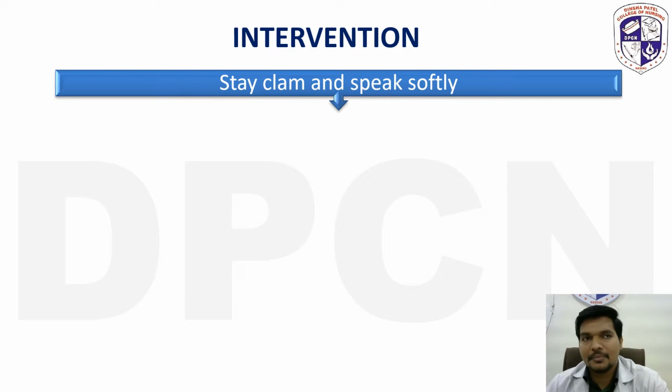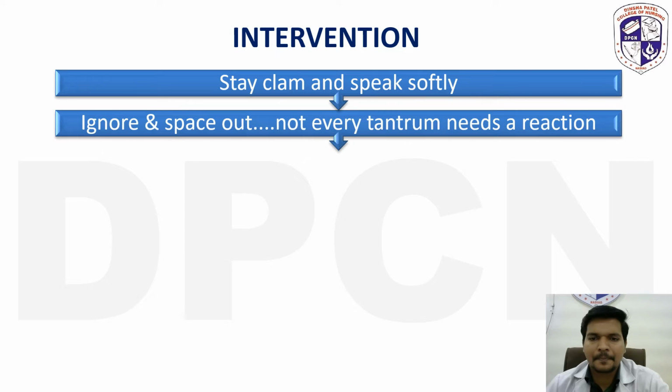Whenever you observe the child's anger, just stay calm and don't respond immediately, as most parents do. Stay calm and speak softly and gently. You should not use a harsh voice, and you should not shout.